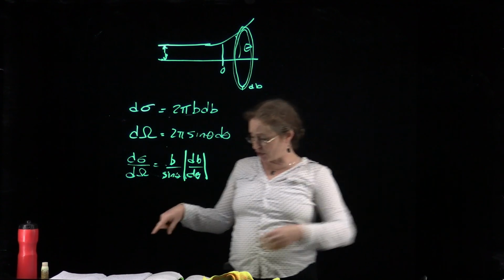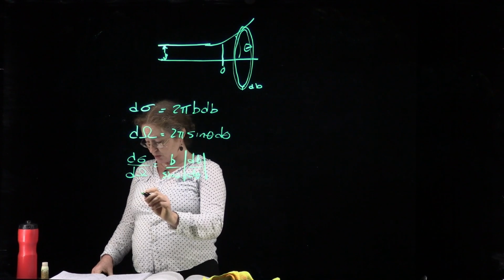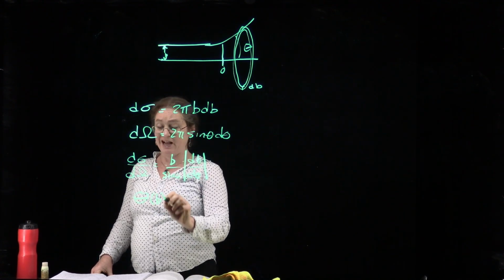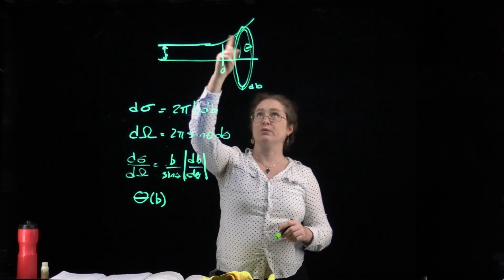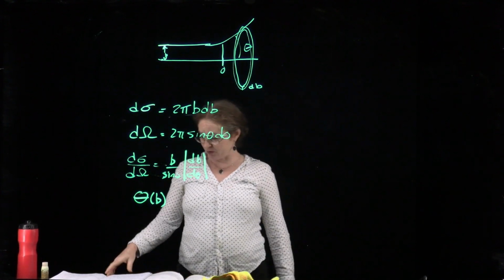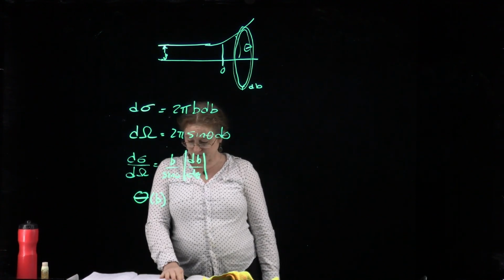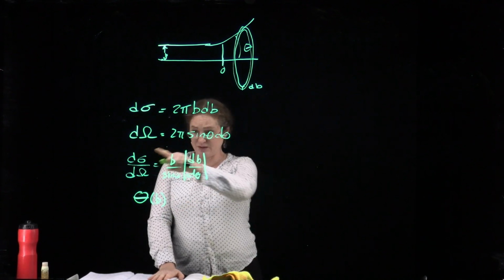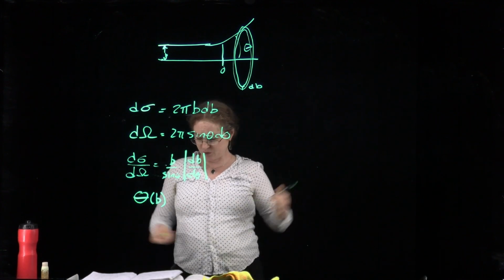If I can theoretically describe the scattering angle as a function of the impact parameter, then I know where this projectile should be scattered as long as I know what the impact parameter is. That gives me a way to calculate the differential cross section. So if I know this, I can calculate this, and it gives me a form for the differential cross section.